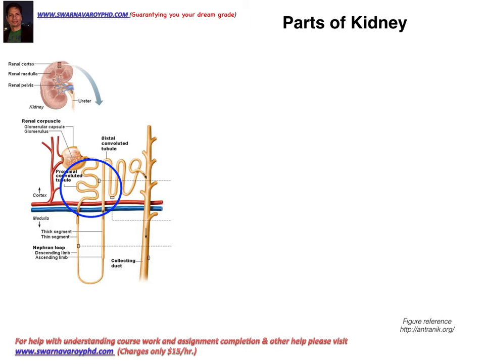This is where the initial filtering of the urine takes place. So blood comes inside the glomerulus and it's filtered. Now, this initial filtrate has a lot of things which are required by the body, and those things are reabsorbed. Most of that is reabsorbed in the proximal convoluted tubule.